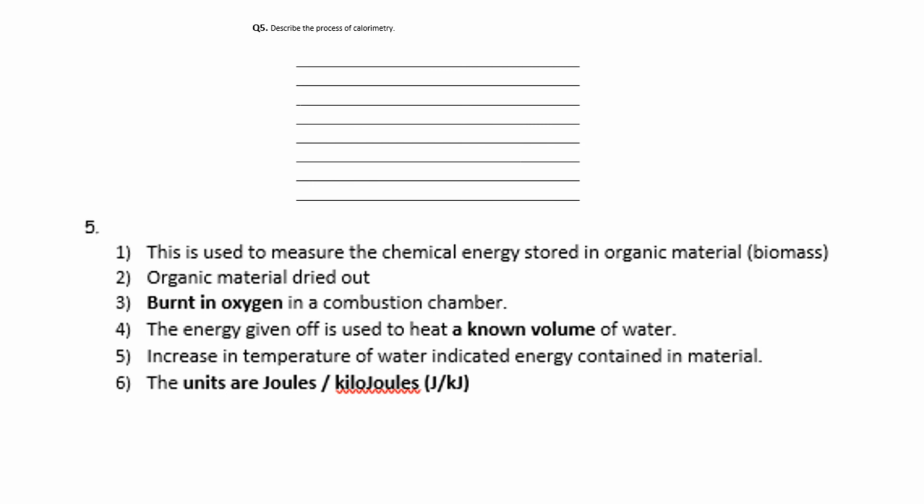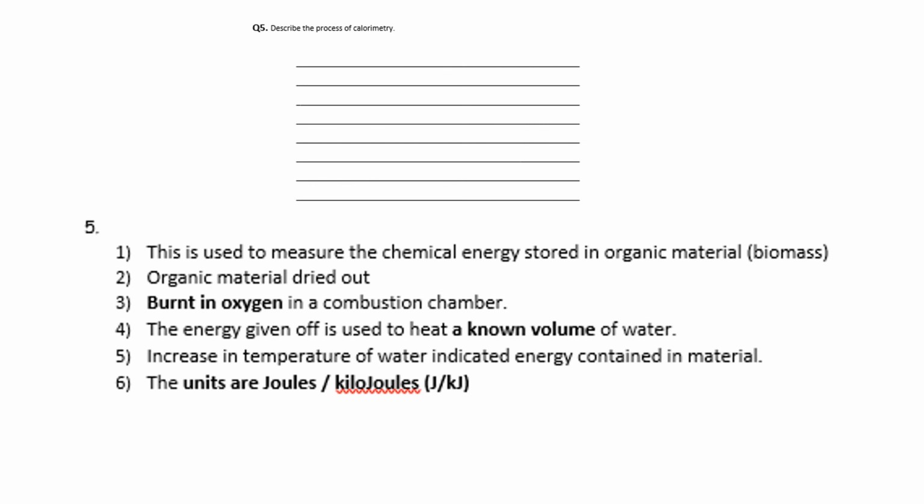The third part is that then you're going to burn it in oxygen in a combustion chamber within the calorimeter. Okay, so you have to burn it in oxygen. You want it to be completely burnt. You want complete combustion of that material. Now, the energy given off is then used to heat a known volume of water.